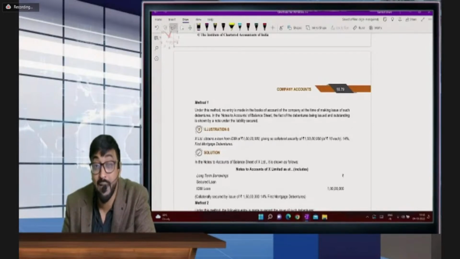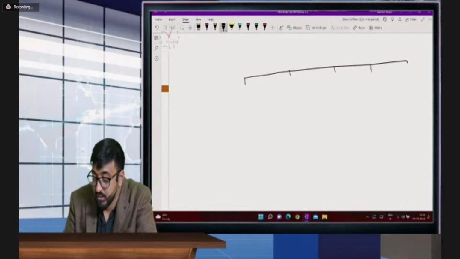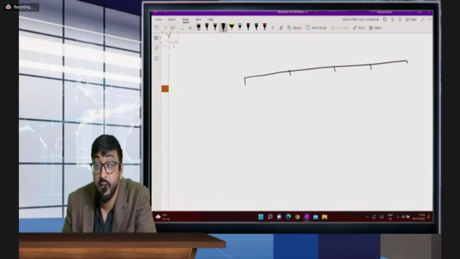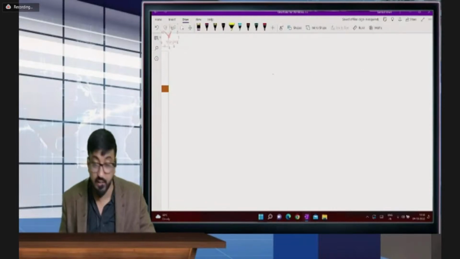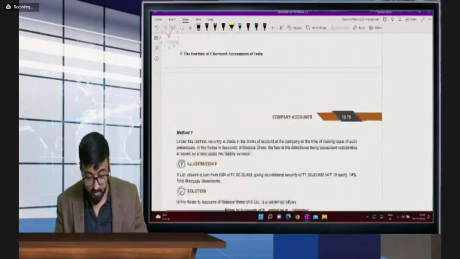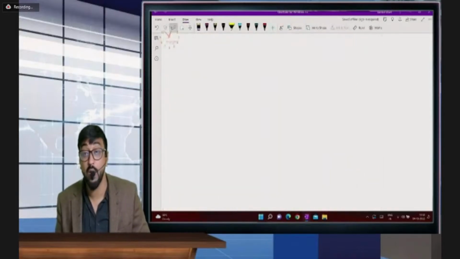So what is a better way to understand it? Write all these six situations in tree diagram form. Draw a tree diagram and you will get it very easily. Okay, come on. Now the last concept, issue of debentures as collateral security.